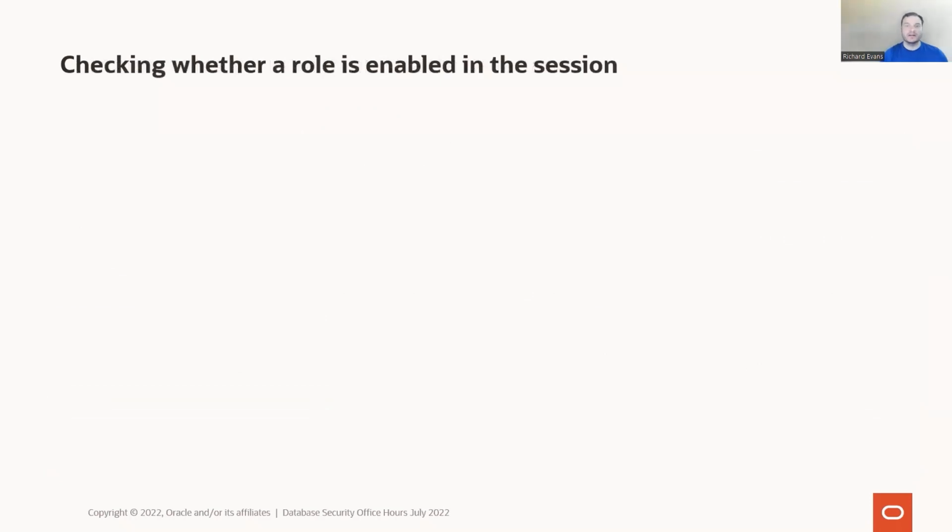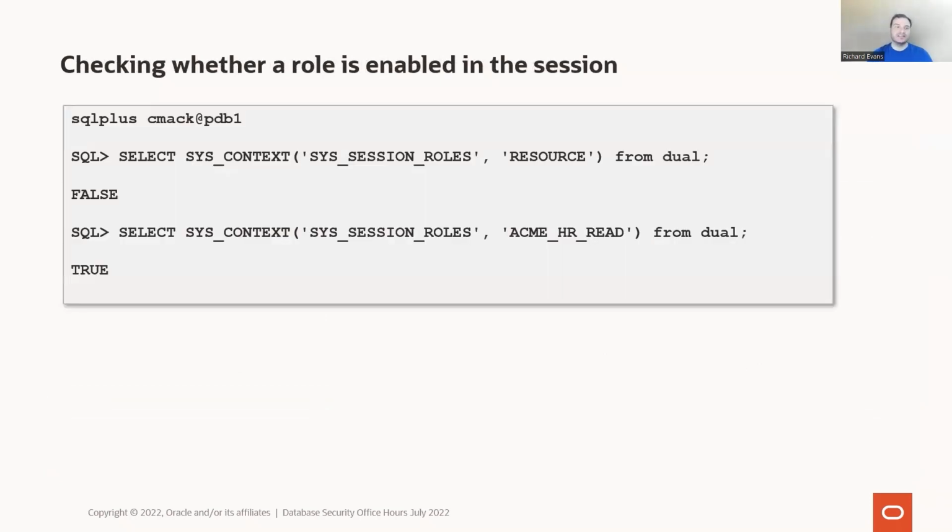All right. Now you're going to want to check to see whether your role is enabled in your session. So in my session for CMAC, I'm using the SYS_CONTEXT function, and I'm using the SYS_SESSION_ROLES built-in namespace. With that namespace, I can pass the role to it and it'll tell me whether that's enabled for my session or not. So my first example, RESOURCE, CMAC doesn't have RESOURCE.